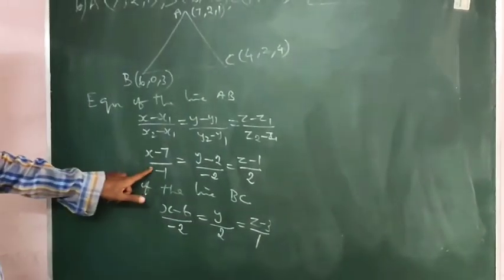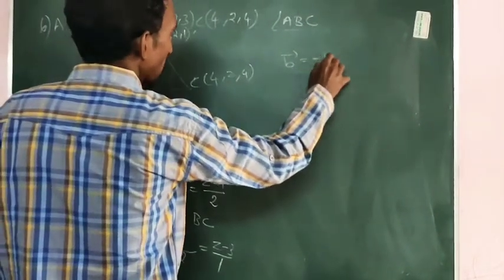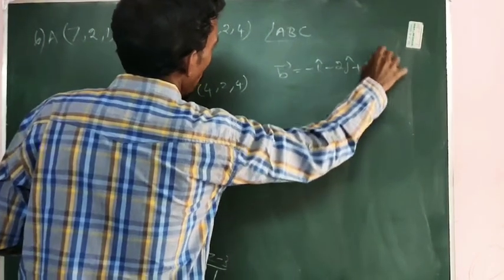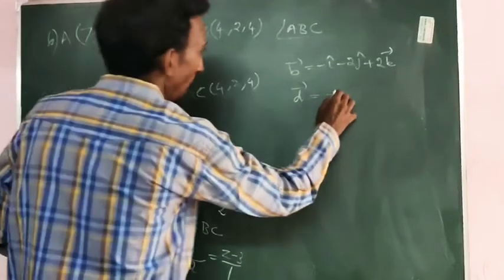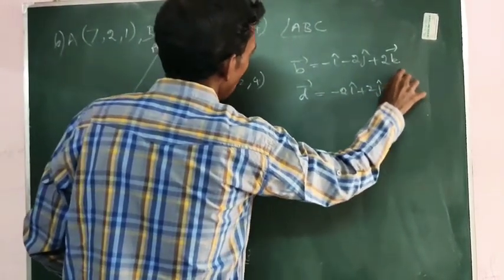So from the first line we can take the b vector as minus i minus 2j plus 2k. From the second line we can take the d vector as minus 2i plus 2j plus k.